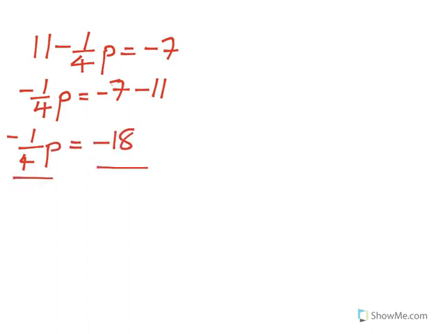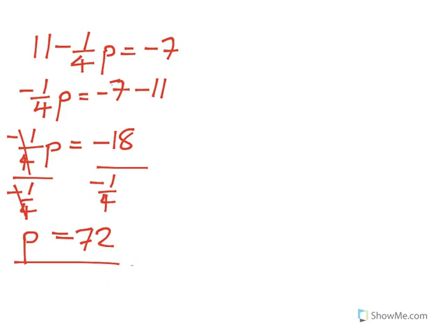You divide both sides by minus 1 over 4. From my calculator, you are going to get p is equal to 72. So that is how you solve and find the value of p.